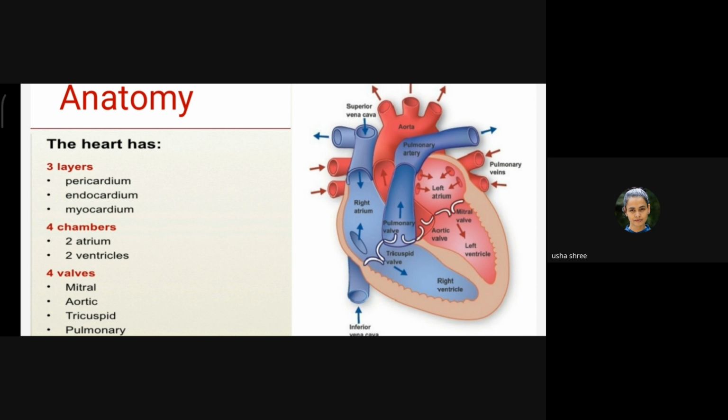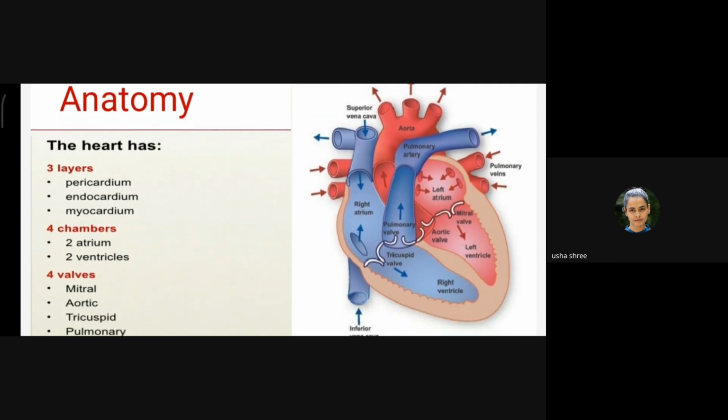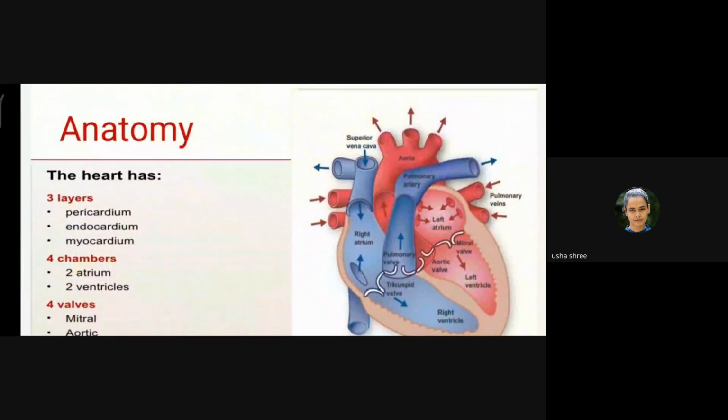Sometimes that is divided into two parts, upper side and lower side, or into left and right. Like that, the upper side and the lower side are separated by the tricuspid valve. The right atrium and right ventricle are separated by the tricuspid valve.